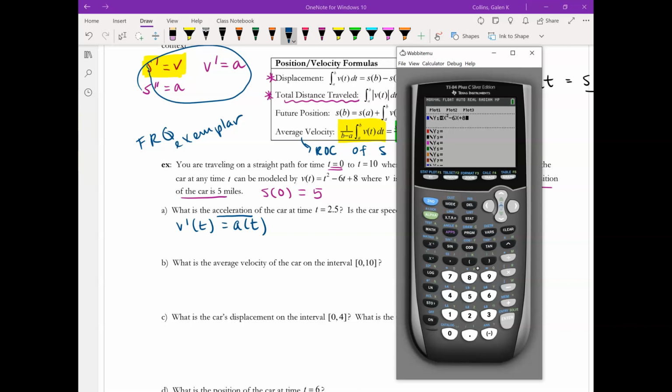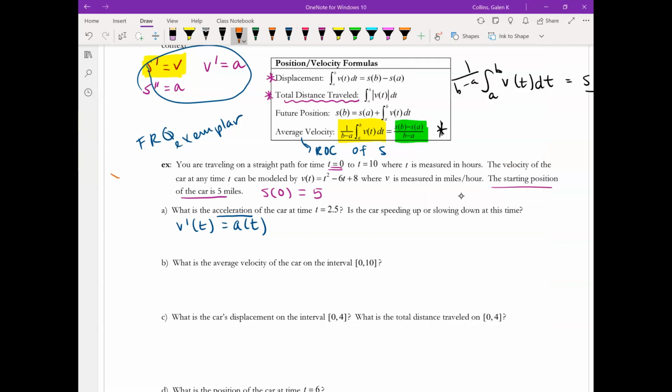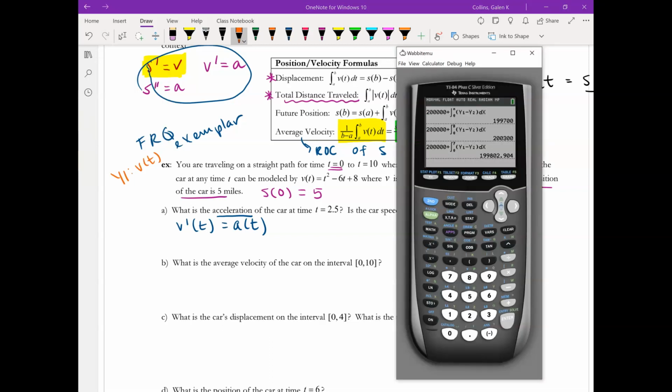I'm not going to worry about graphing this one. If we want that derivative, I'm going to go to second mode to quit. In y1 we just stored velocity. I'm not going to write that in my problem. AP will not acknowledge that calculator notation.